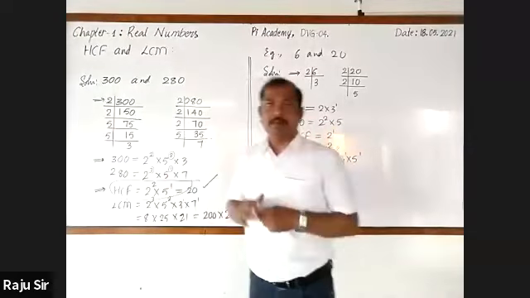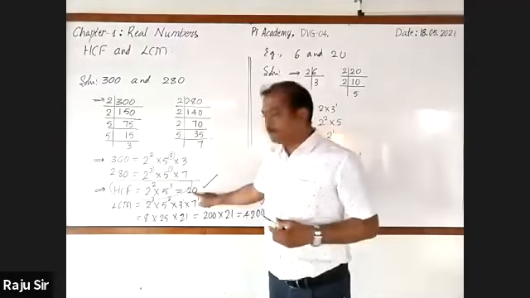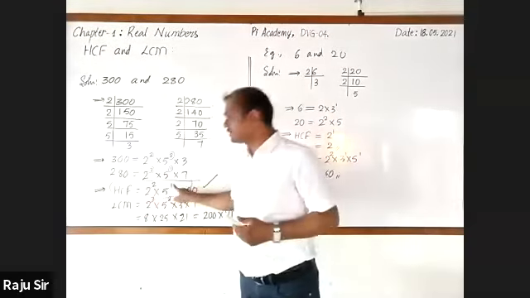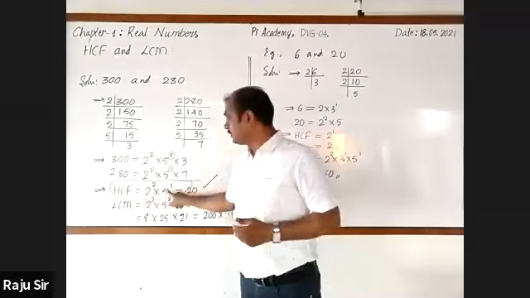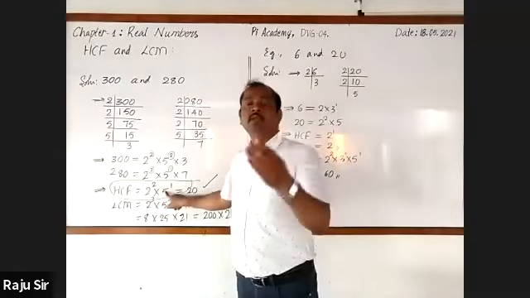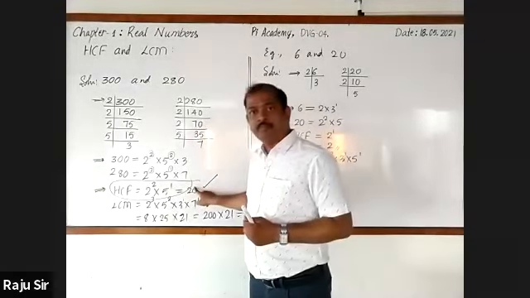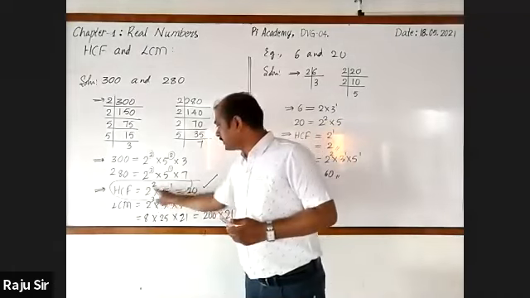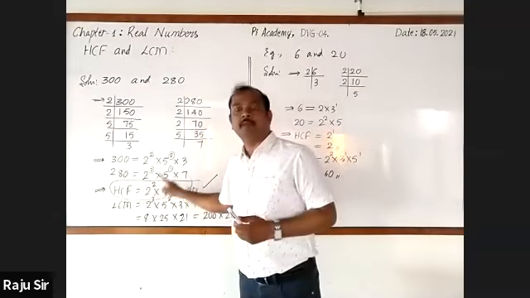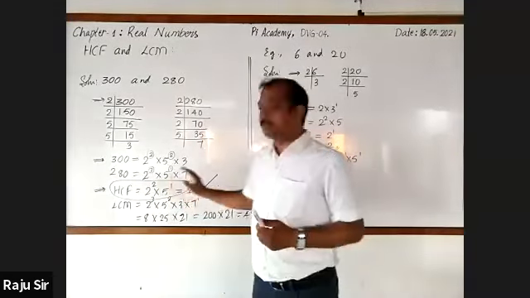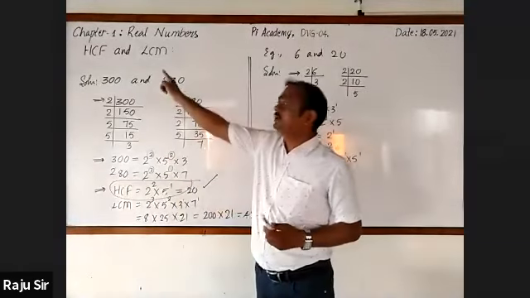HCF of the given numbers is the product of the smallest powers of each common prime factor involved in the numbers. The product of the smallest powers of each common prime factor involved in the numbers is known as HCF.